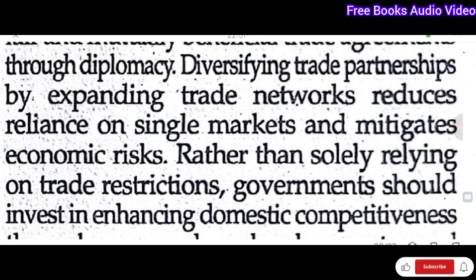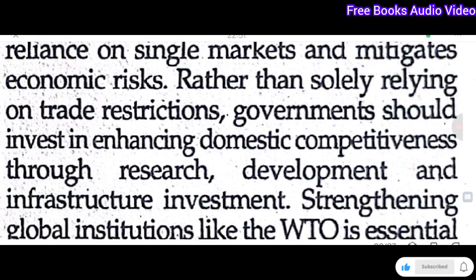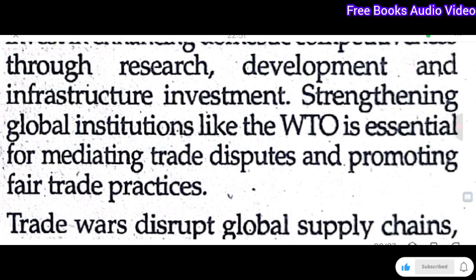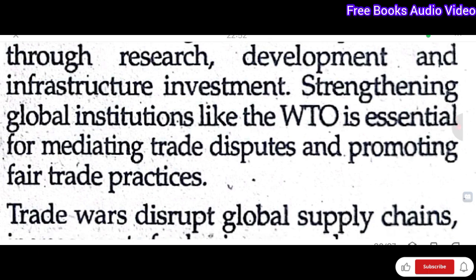Governments should invest in enhancing domestic competitiveness through research, development, and infrastructure investment. Strengthening global institutions like the WTO is essential for mediating trade disputes and promoting fair trade practices.